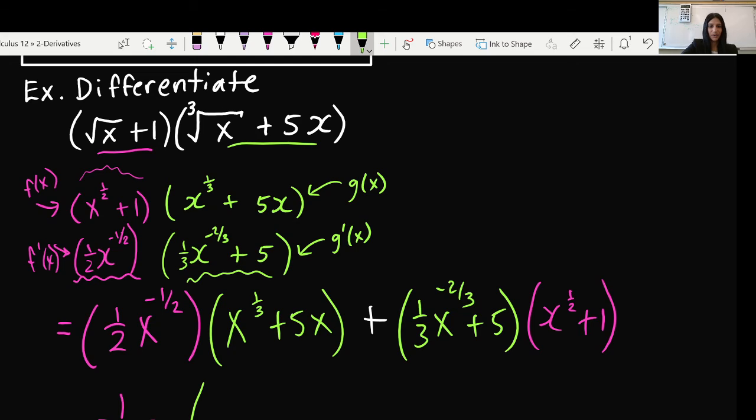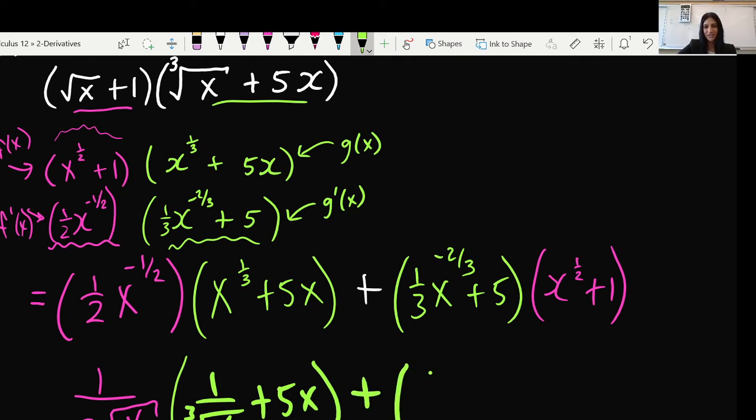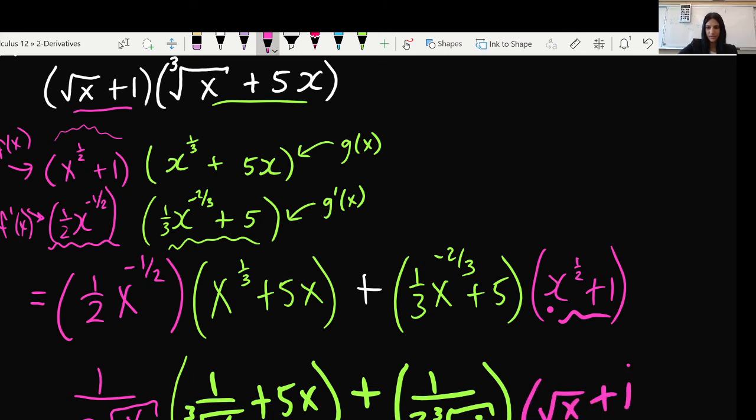Then I would rewrite this to say 1 over the cube root of x plus 5x, plus, rewriting this in a form that's nice and easy to work with, 1 over 3 cube root of x squared, times this part here, which I'm going to rewrite as root x plus 1.